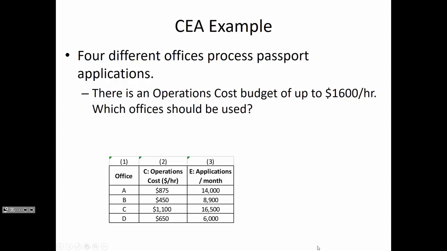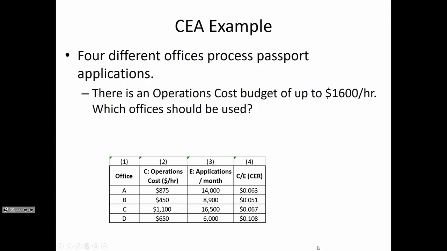So we don't yet have it compared on an apples-to-apples basis where we can see who's doing the best work. It's here in column 4 where we calculate costs relative to effectiveness that we can start to see the picture a little more clearly. Once we calculate that, it looks like whoever has the lowest C to E ratio is Office B. Now, the interpretation of this, the units get a little bit weird because in the numerator was dollars per hour and in the denominator is applications per month.